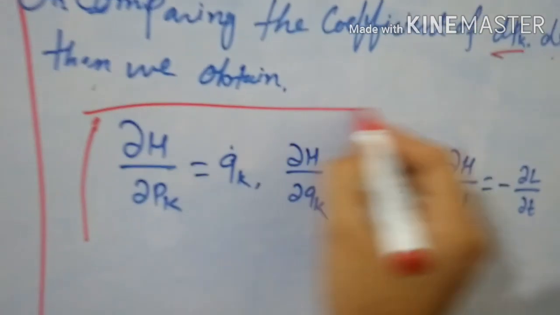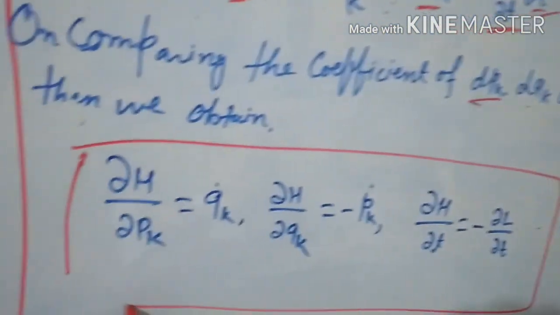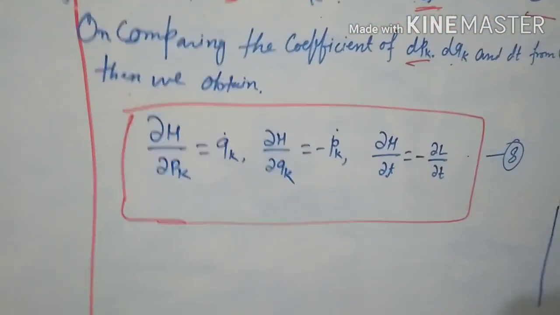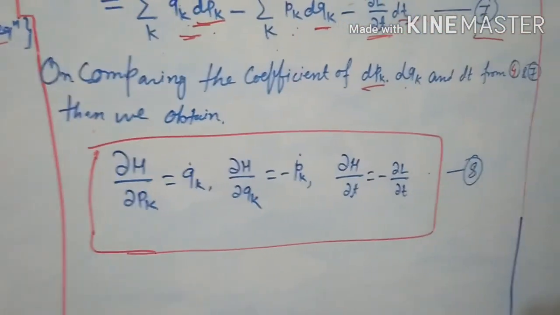This equation is known as the Hamilton equation of motion or Hamilton canonical equation of motion.